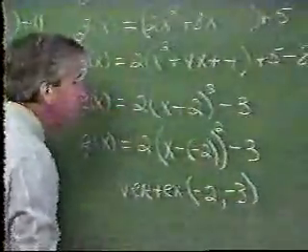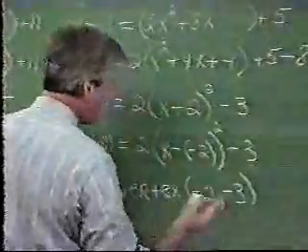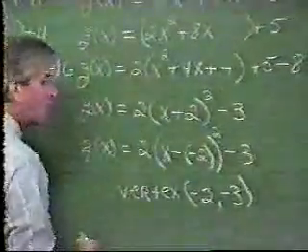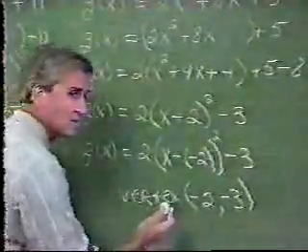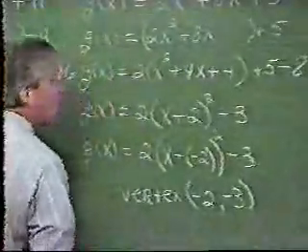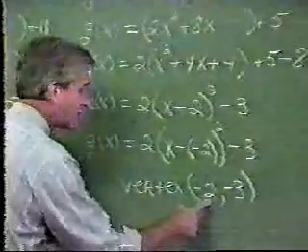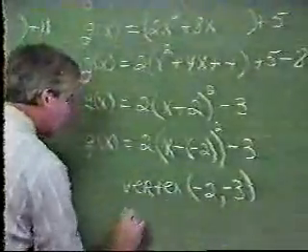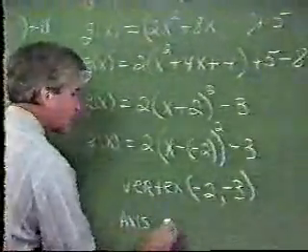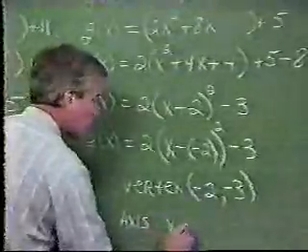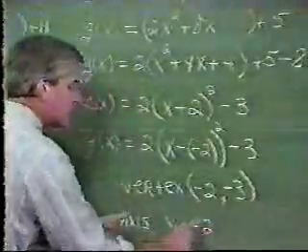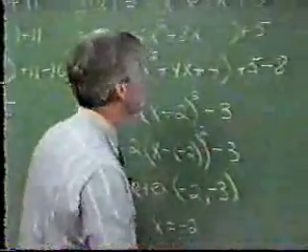Okay. Also from this one, another aspect that we could point out is that we have an axis of symmetry that is a vertical line that goes through at negative 2. So that axis is at x equals negative 2. X is negative 2 for every y. So we have a vertical line going through here.